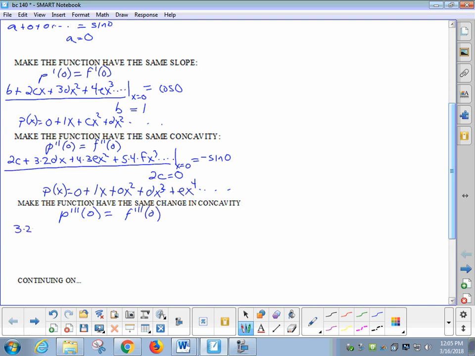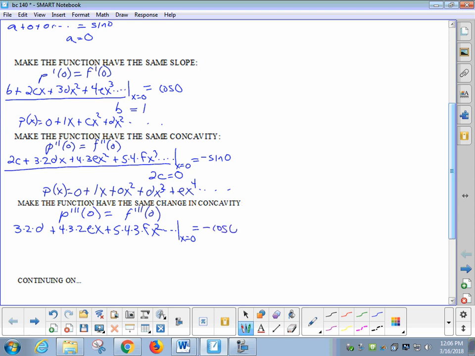3 times 2 times d plus 4 times 3 times 2 e times x to the first plus 5 times 4 times 3 f x squared, and so on. That'll be evaluated at x equals 0, and that needs to equal the third derivative of sine, which is cosine or negative cosine?